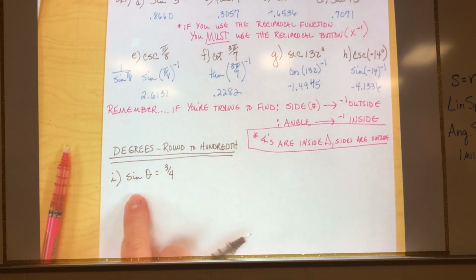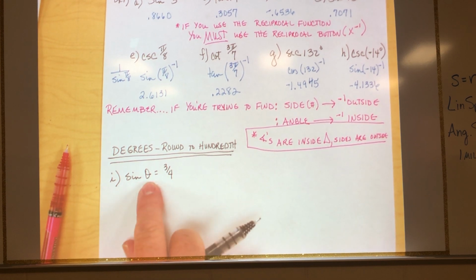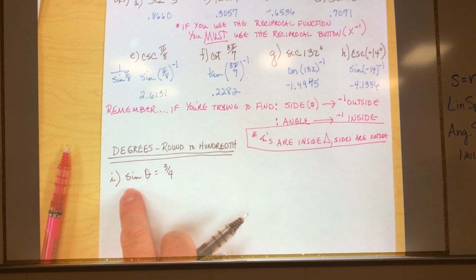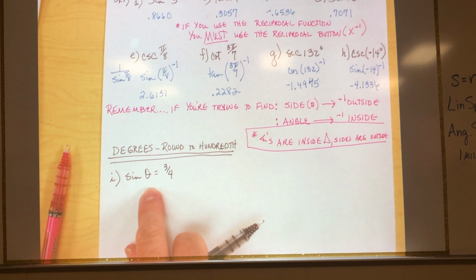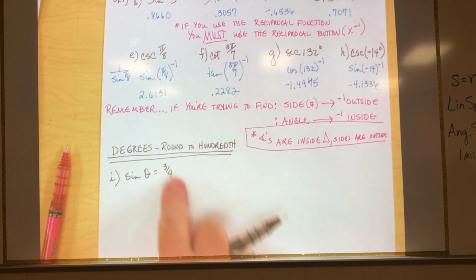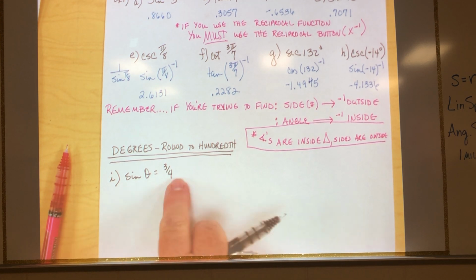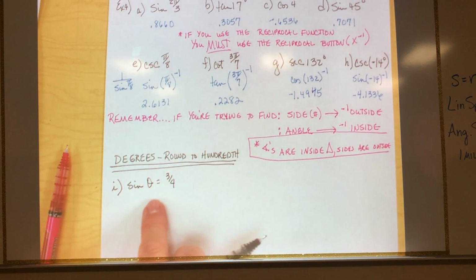Do you know an angle? No. That's what it says: the sine of theta, the sine of x, the sine of alpha. This is my variable. It just happens to be a Greek letter because that's what we use in trig. I know the sides, but I don't know the angle, so I'm looking for the angle.